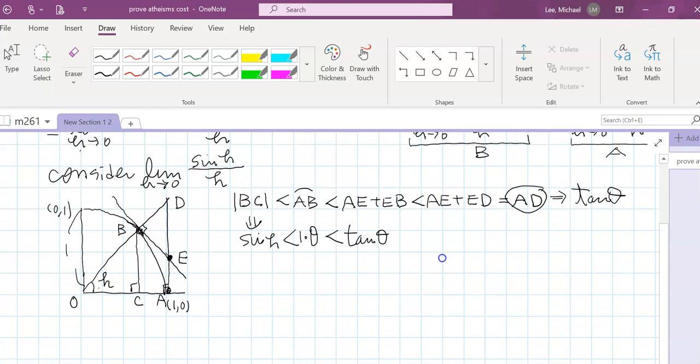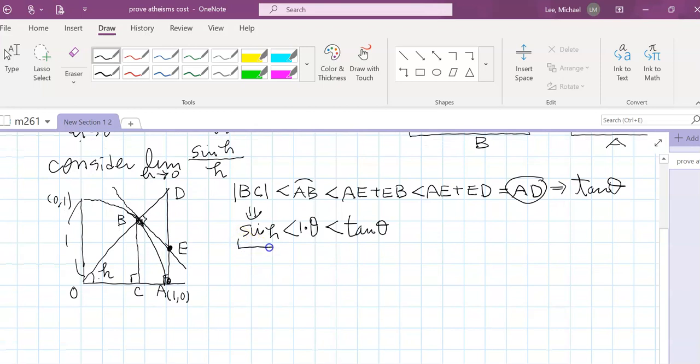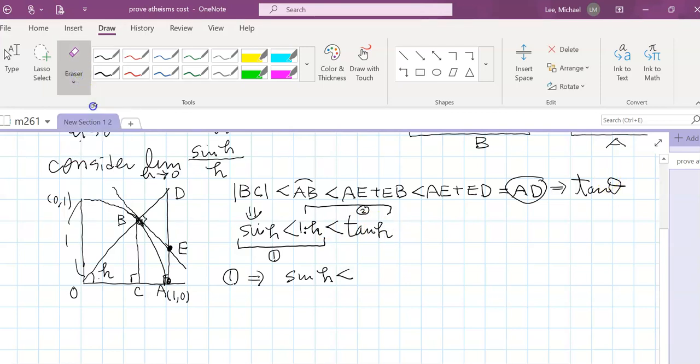Now we have this one case and that's another case here. I'm going to evaluate those. If I call this 1 and this 2, 1 is saying sine h is less than, sorry, that should be h, 1 times h, and the tangent of h.